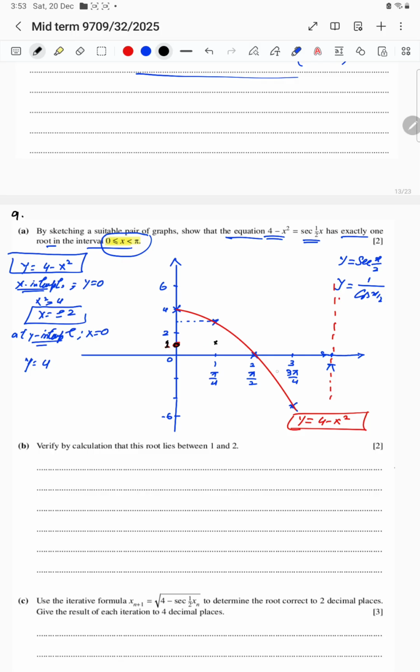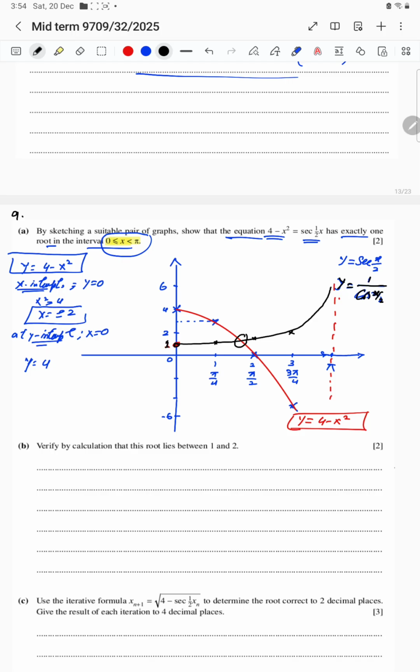So here, and it's little more up, very small increase in the curve. And then pi by 3 is 1.5 or almost. And at pi it will be undefined, so the curve shape will be like this. This is the curve y equal to 1 over cos of x by 2, or secant of x by 2.